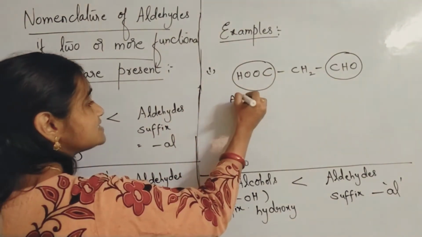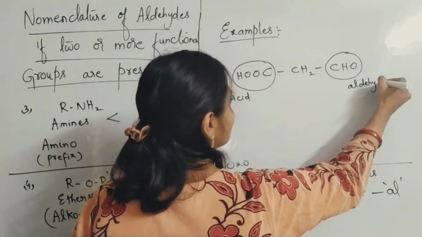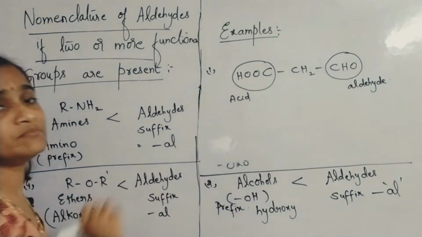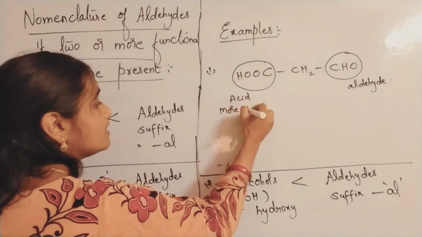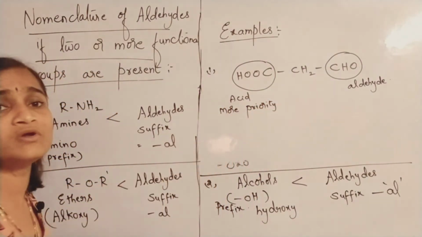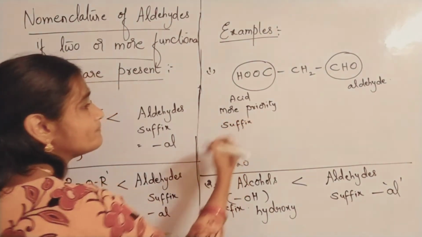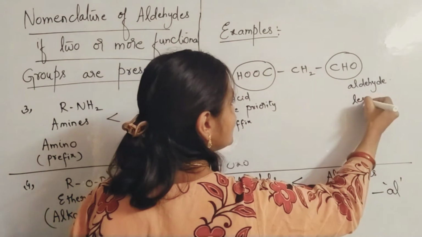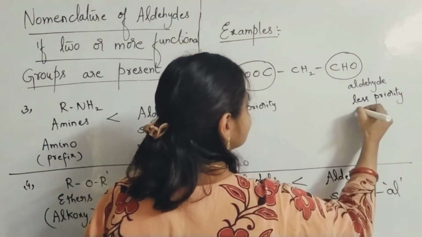Both are present in the same compound. Acid has more priority, so you have to give suffix for acid. Whichever is having more priority, you have to give suffix. Whichever is having less priority, you have to give prefix.